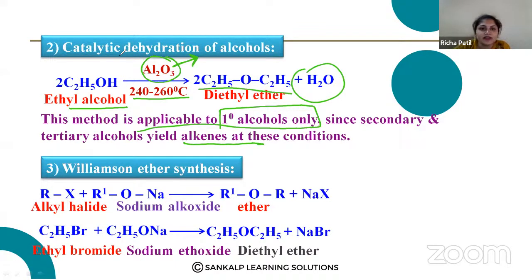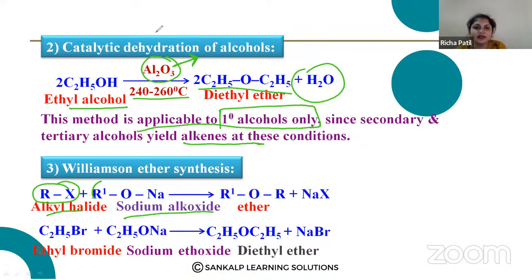Next is the Williamson ether synthesis. What is Williamson ether synthesis? An alkyl halide is treated with sodium alkoxide, and it gives you ether.